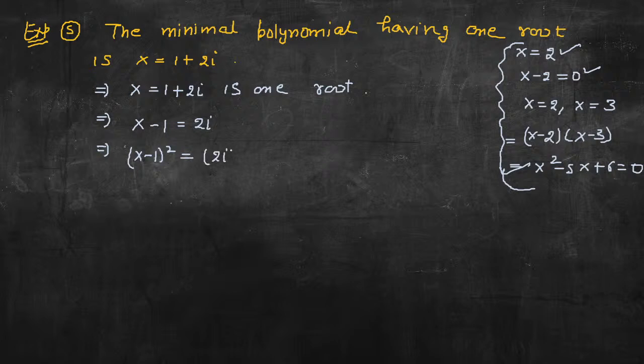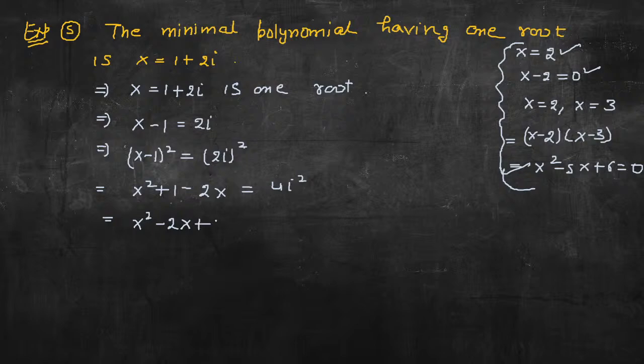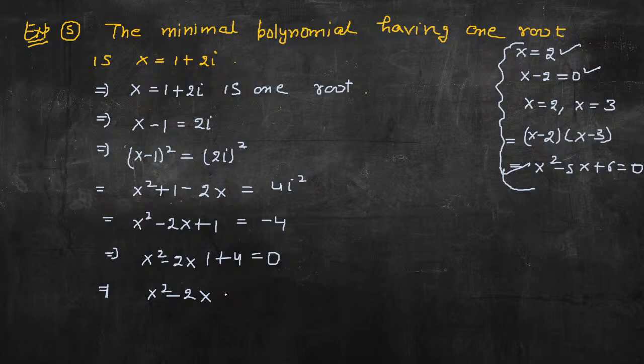So x square plus 1 minus 2x is equal to 4 iota square, so x square minus 2x plus 1 is equal to minus 4. So it becomes x square minus 2x plus 1 plus 4 is equal to 0. The remaining part becomes x square minus 2x plus 5 is equal to 0. That is your required equation.